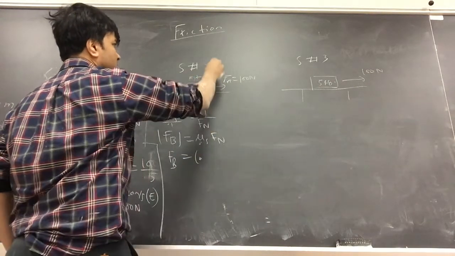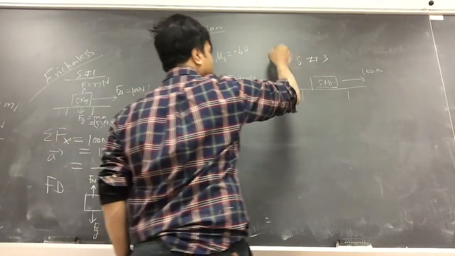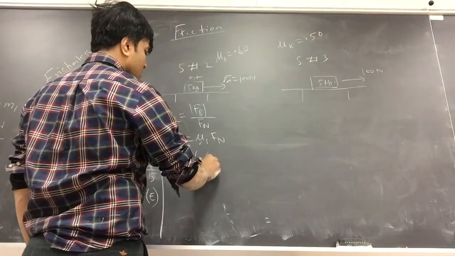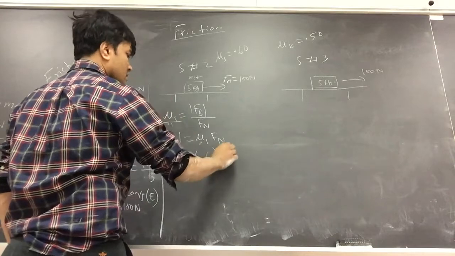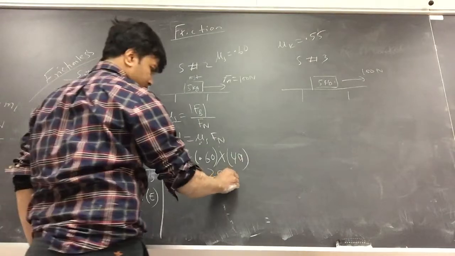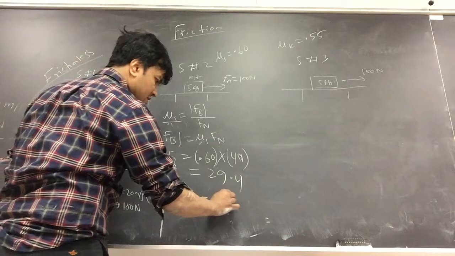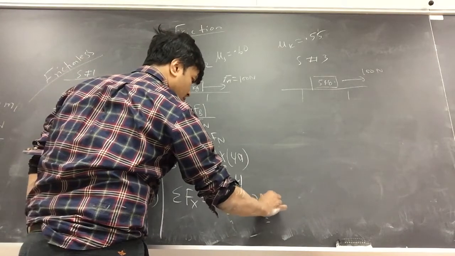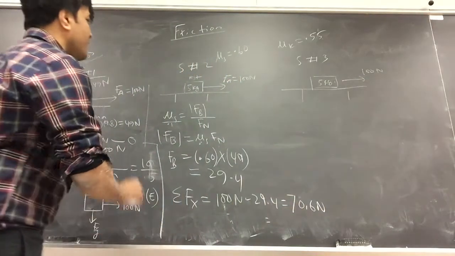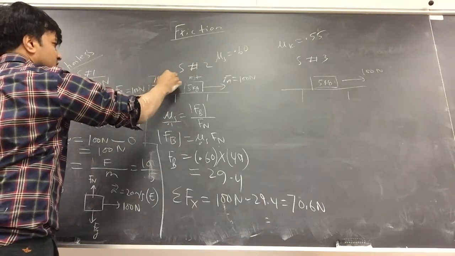I did not give you the friction, so static friction is, let's say, 0.60, and kinetic friction is, say, 0.50. So 0.6 times 49, which would be 29.4. Now the net force in the x direction is 100 Newton minus 29.4, 70.6, and the net force is in this direction.